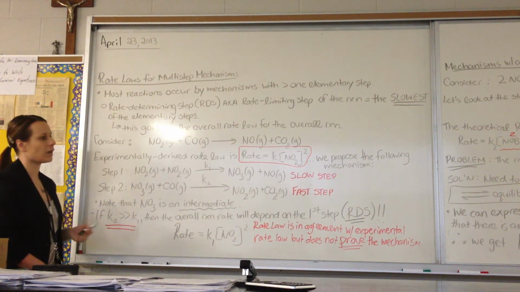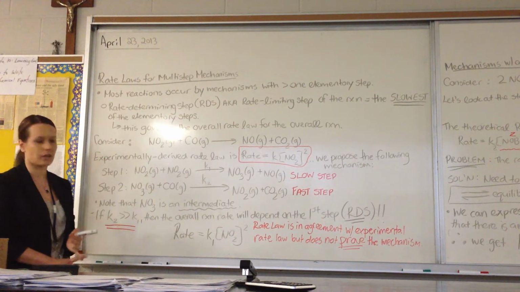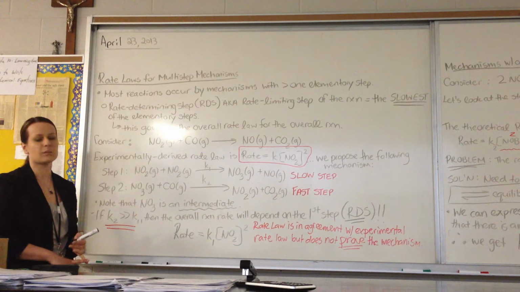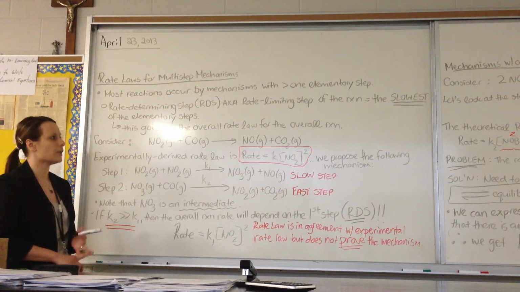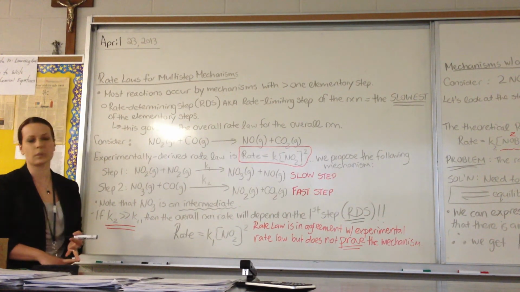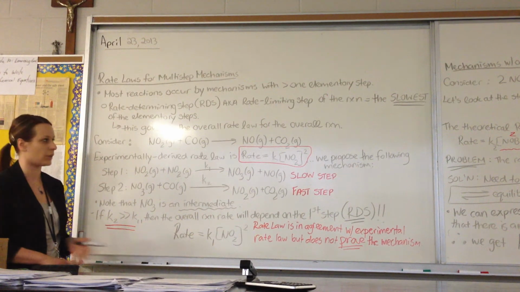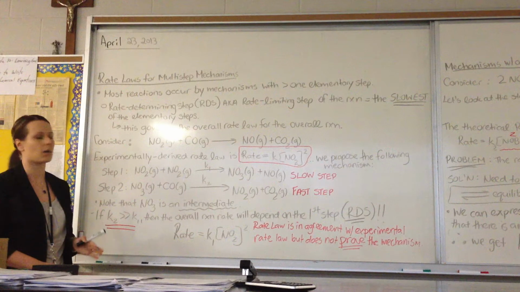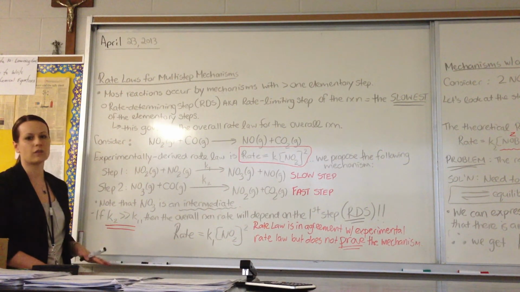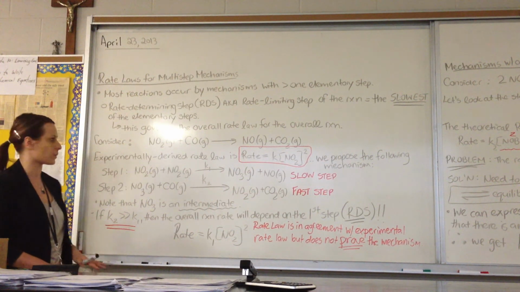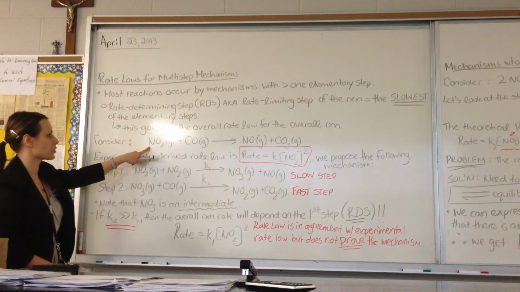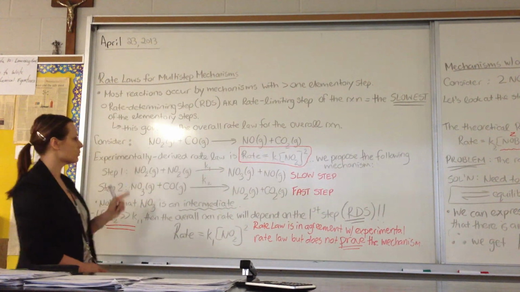If you think of an analogy such as being stuck in traffic, the rate of your overall trip is how much time you spend in the car, not if it only takes you about 10 minutes to get from point A to point B. So this is the reason why we use the rate limiting step as the step that's involved in the overall rate law expression.